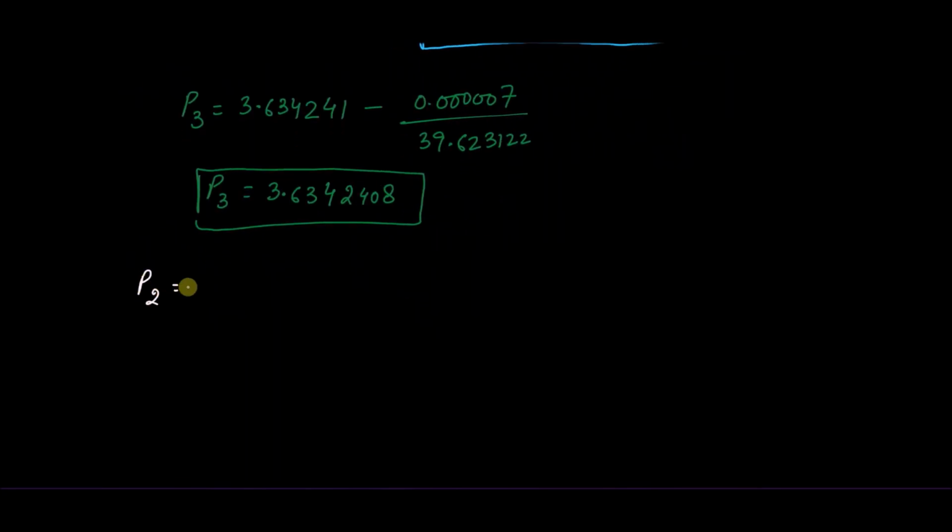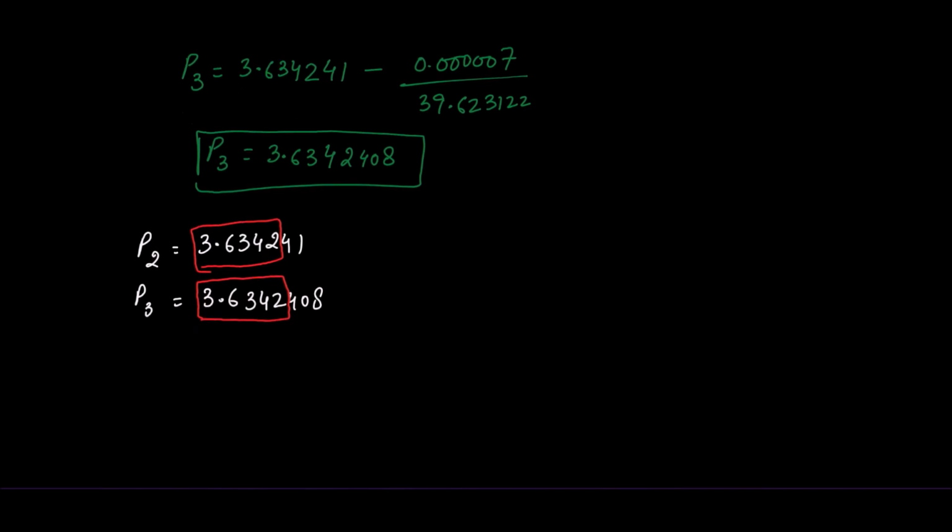The value of P2 is 3.634241 and the value of P3 is 3.634240. Till 4 decimal places we have 3.6342 for both. So after 3 iterations we achieved the accuracy till 4 decimal places.